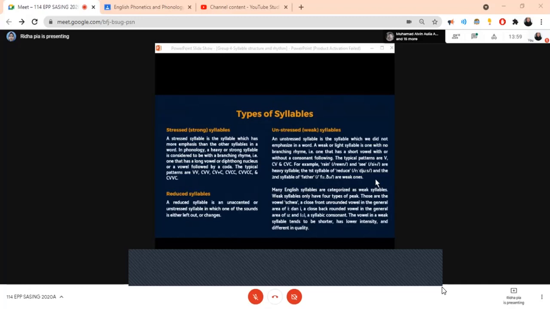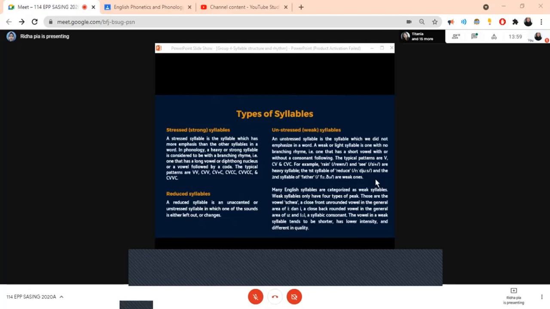Unstressed syllables are sometimes called weak or light syllables, and they have no branching rhyme. Unstressed syllables usually have a short vowel with or without a consonant following. The typical patterns are vowels, consonant-vowels, and consonant-vowel-consonants. For example, again, we will use the word father.